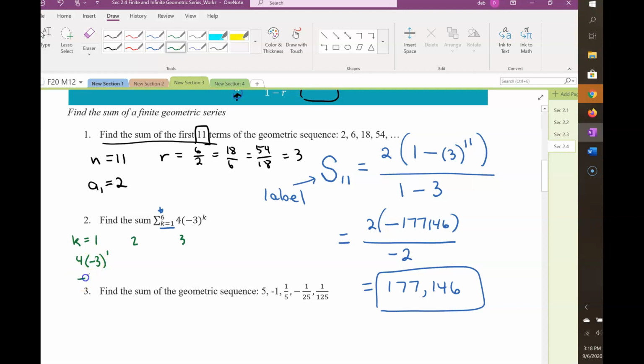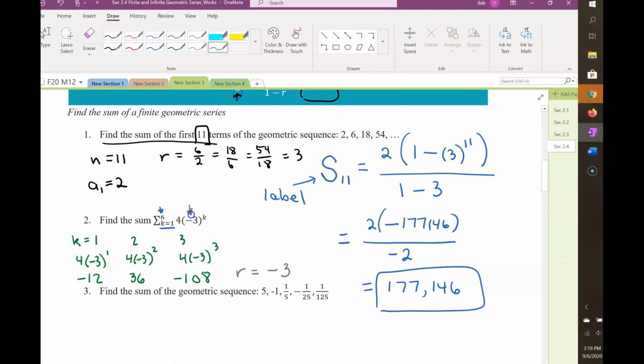So I'm going to get negative 12 for the first term. Then I'm going to have negative 3 squared, so I'm going to get positive 36. Then I'm going to get 4 times negative 3 cubed, which looks like negative 108. So it looks like our r is negative 3.